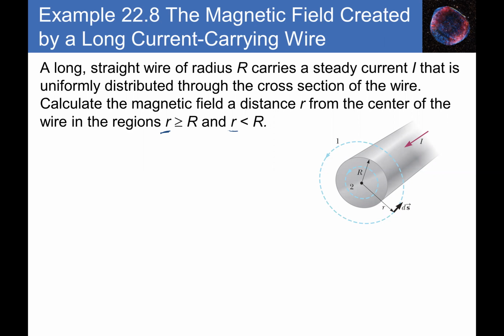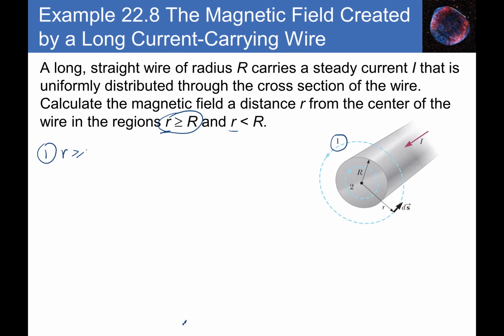Now we start with the first one, which is r greater than or equal to the radius. So this is my Amperian loop for case one.